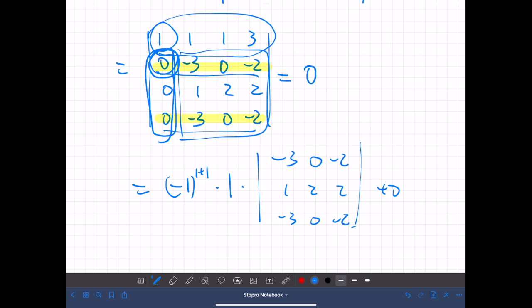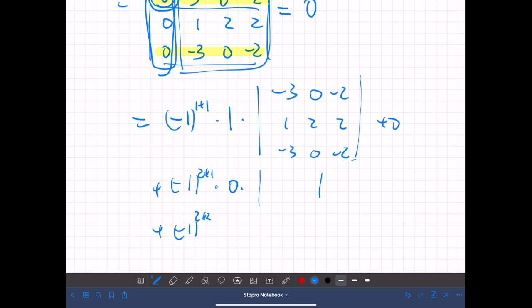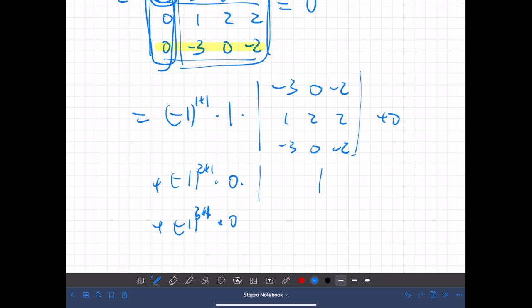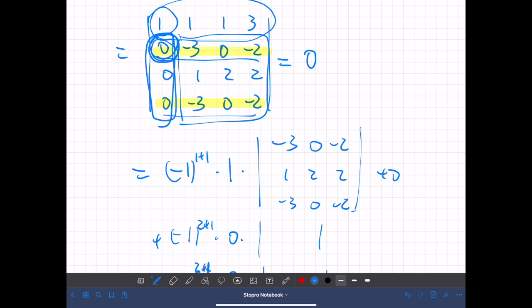So that will be negative 1 to the power of 2 plus 1 times 0 times some determinant, plus negative 1 to the power of 3 plus 1 times 0 and some determinant. Right, so this matrix, and this times this matrix, this times this matrix.